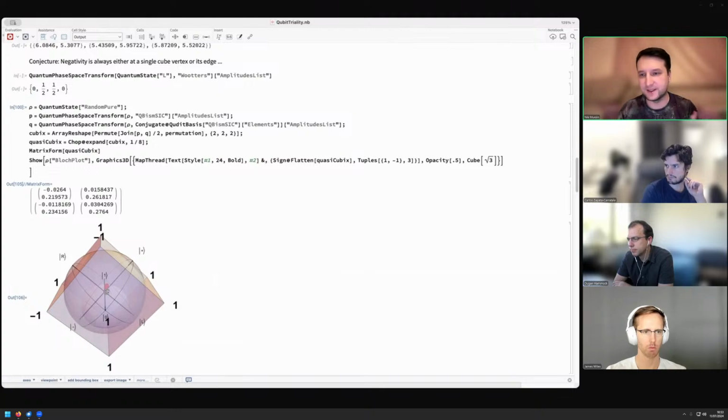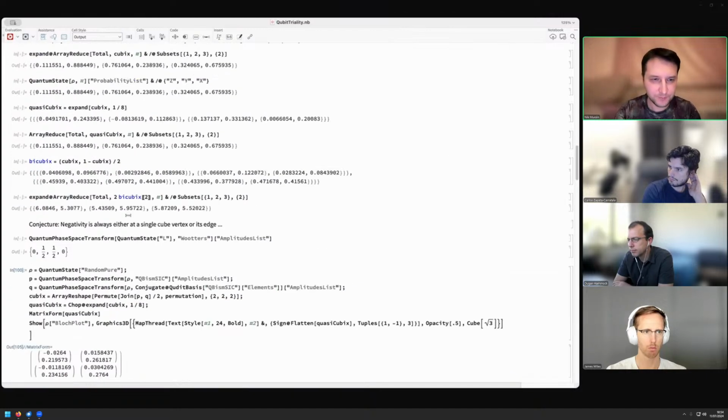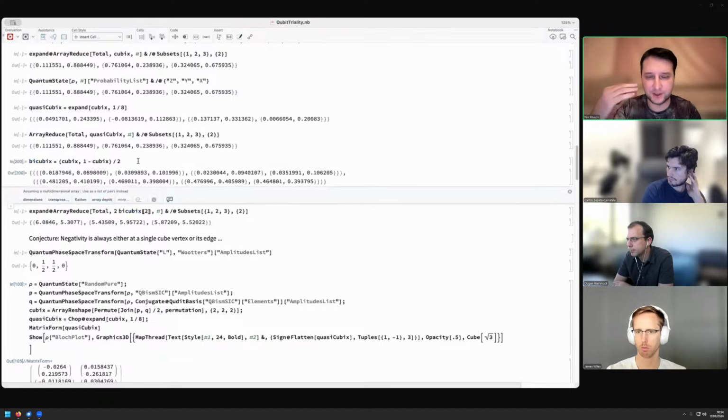It doesn't completely cover it. That's how the negative probabilities appear. But these negative probabilities give you natural marginal distributions by summing over some of the dimensions of that Cubix. You recover x, y, and z projective measurement results.